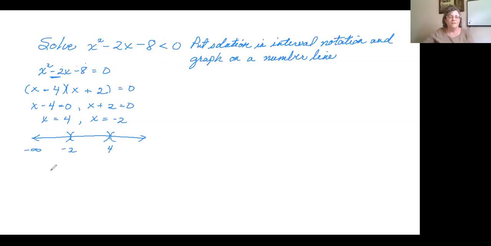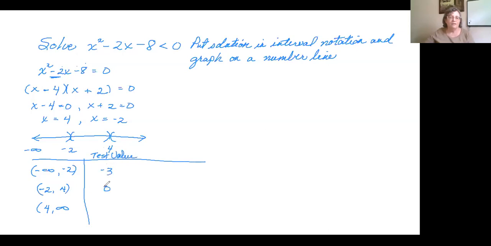So I've got negative infinity to negative 2, negative 2 to 4, and 4 to infinity. For my test value, I could plug in negative 3, 0, 5.